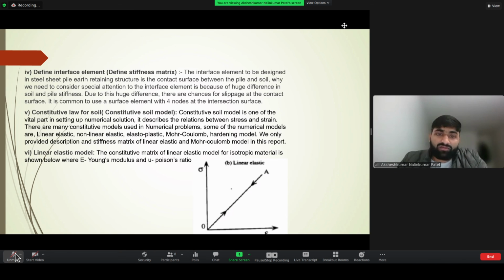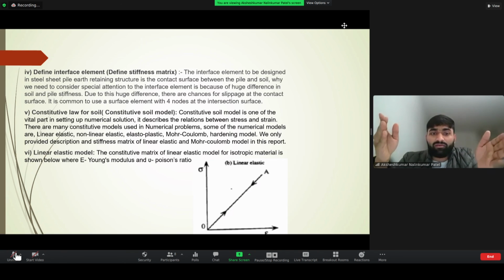There is also the thing we have to define: the constitutive soil model. There is a theory behind finding the soil model. The constitutive soil model is one of the vital parts in setting up the numerical solution. It describes the simple relation between stress and strain.